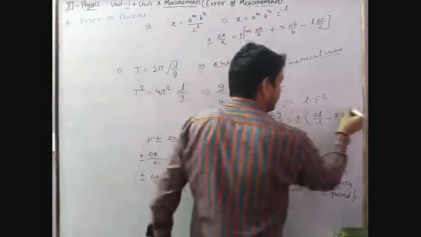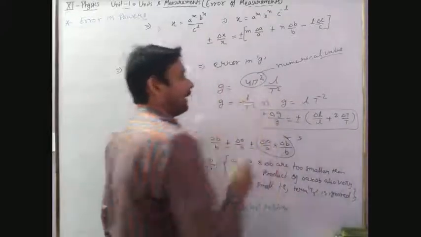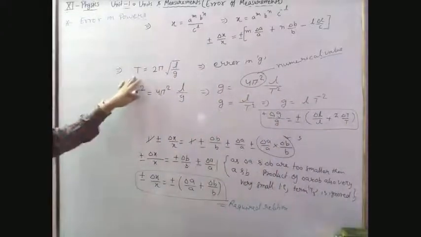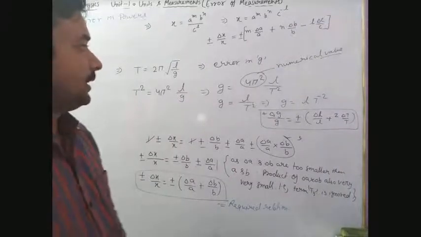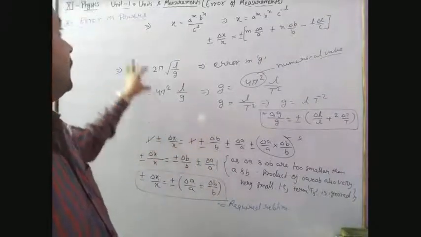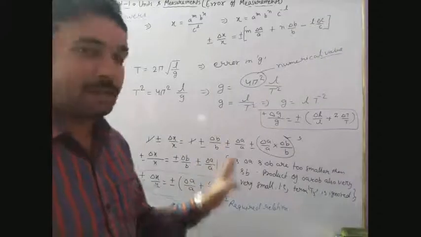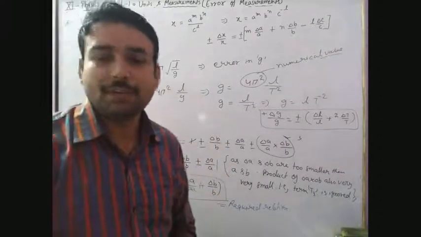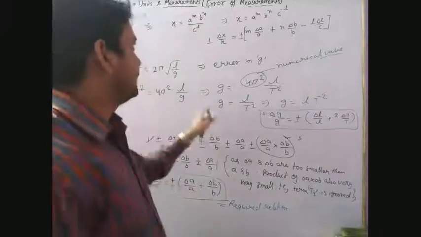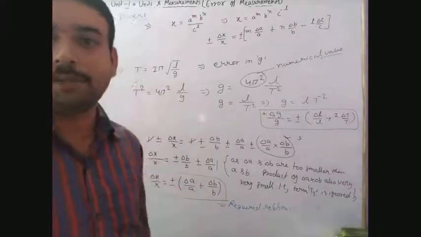This is how you calculate the error in g, which is given by this formula. Thank you. These are some methods to reduce the error, and in the next class we will understand some numericals based on error and measurement. Thank you.